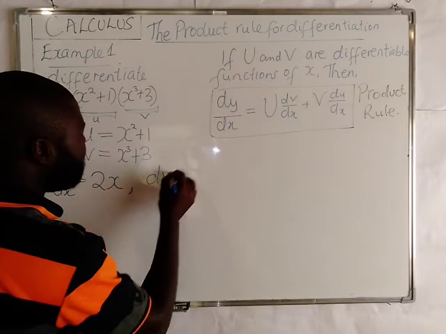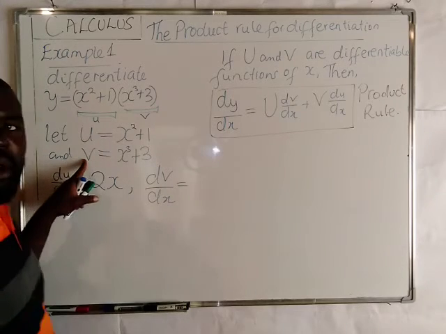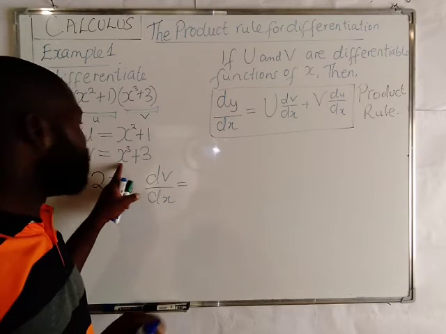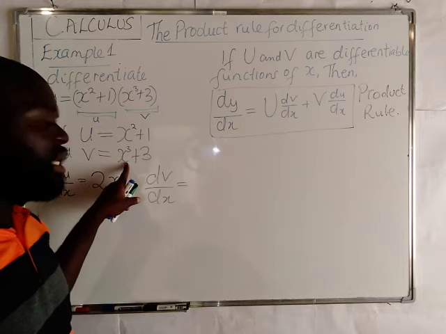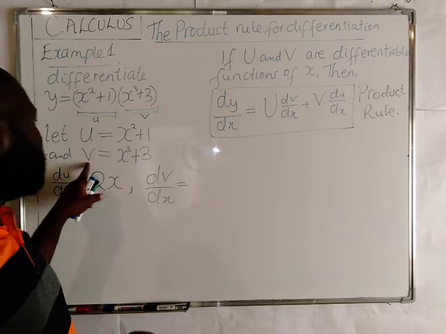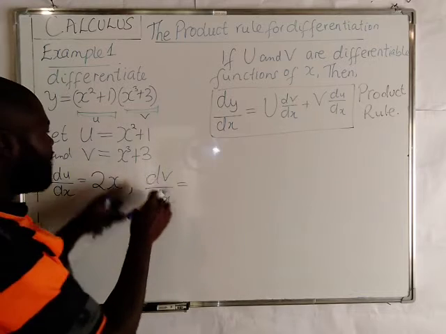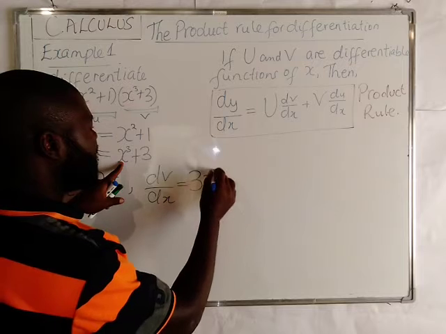Then our dv dx. It means we also differentiate the function v with respect to x. So dv dx, you see, we shall get 3x squared.